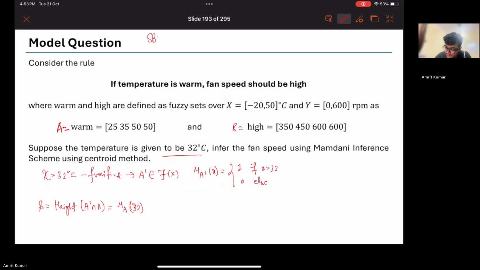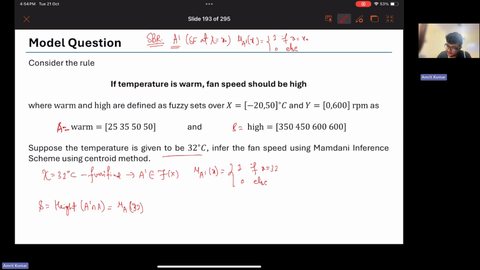Suppose your A dash is obtained by singleton fuzzification at x equals x naught. In other words, mu A dash of x is 1 if x equals x naught, and it is 0 everywhere else.